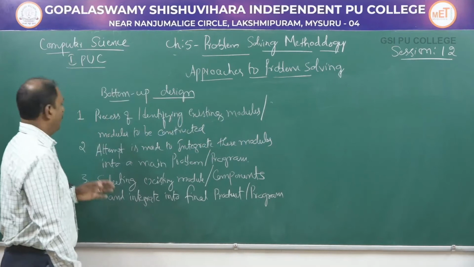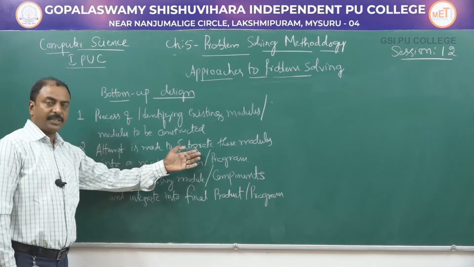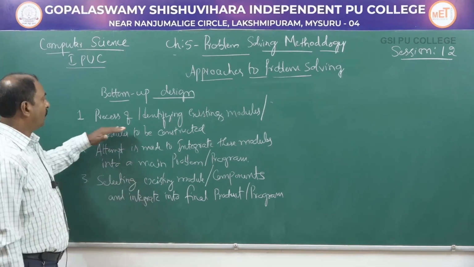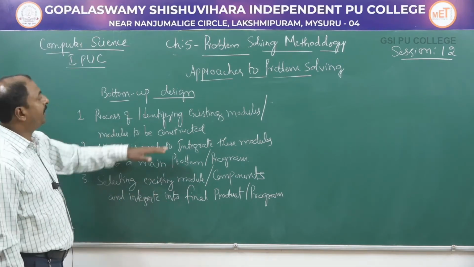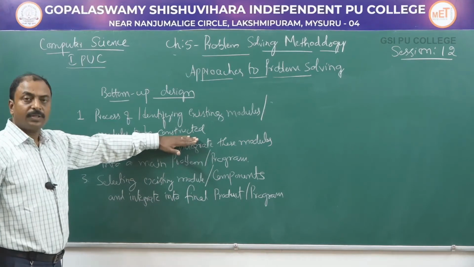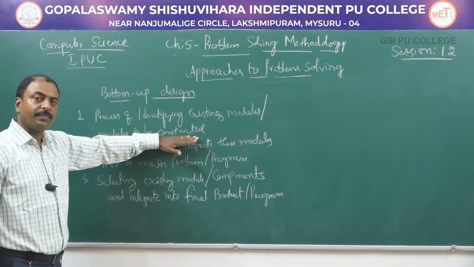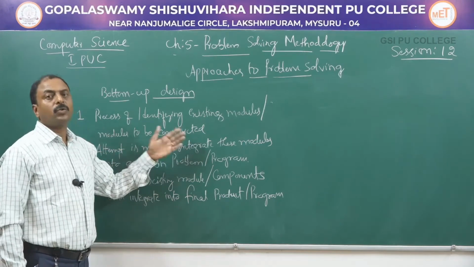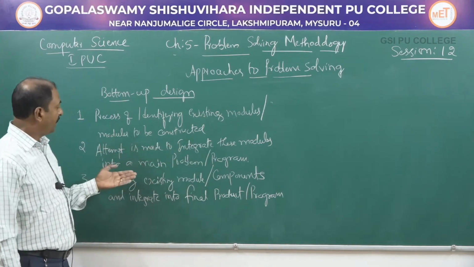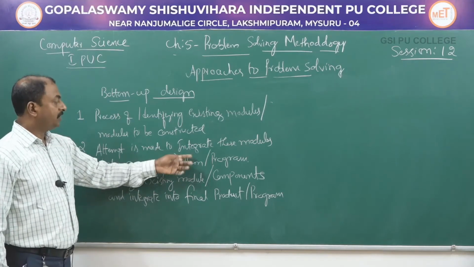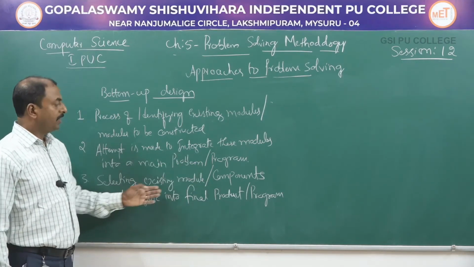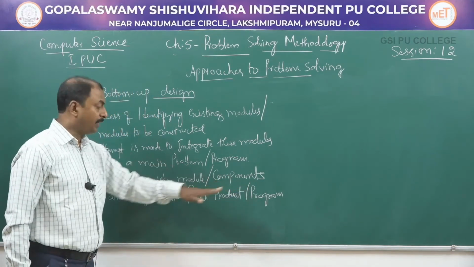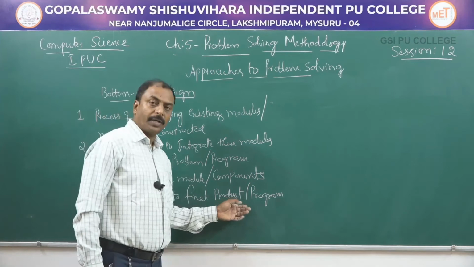So this is the same thing I explained in step 2, written in a different way. Here the first step is the process of identifying small modules within the existing, available system. Then we work on those modules. Finally we integrate them into the main program. Modules can be components, and these components can be integrated into the final product.